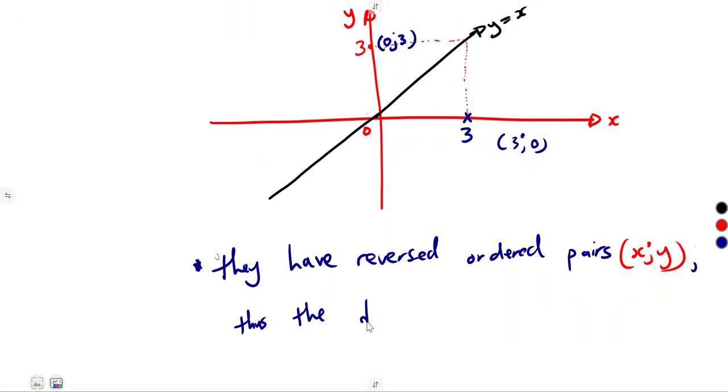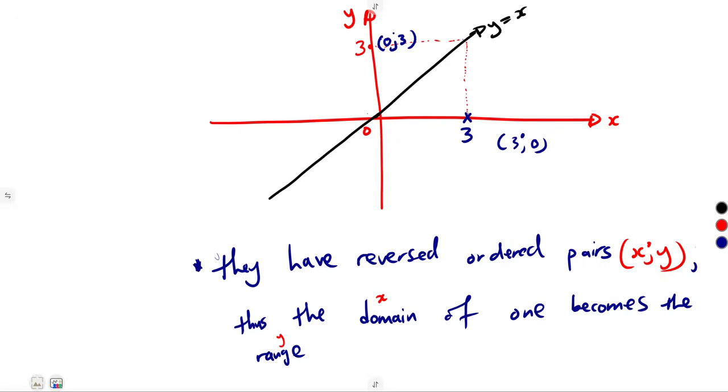Remember, domain are x values. So the x values are now reversed to y values. What represents y values? It is the range. So the domain becomes the range, which are the y values, of the other.